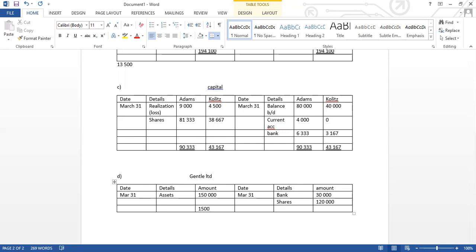If you are to balance, his account will be closed off already because both sides are equal. Both sides will give you 150,000. Do we all understand?